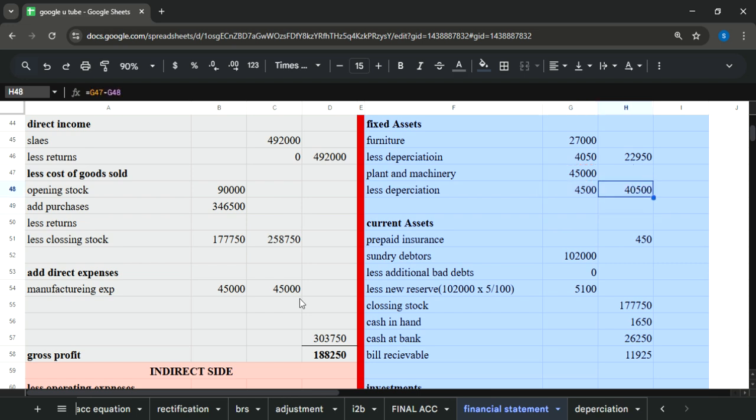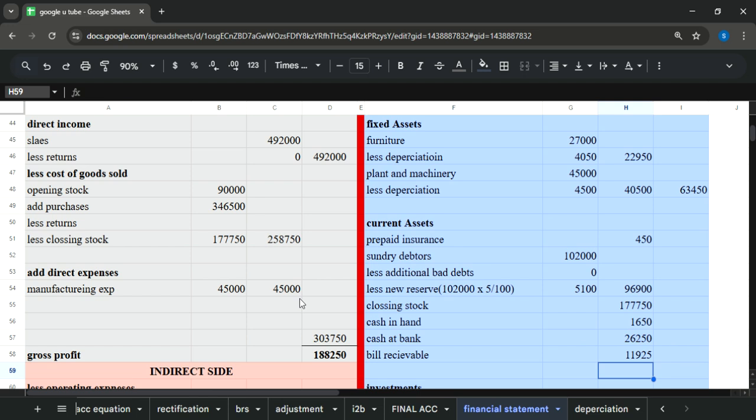Only two fixed assets. So what you will do, you will take sum of these two amounts to calculate total fixed asset. Prepaid insurance is written, and now net amount of debtors. Amount of debtor, subtract additional bad debts not present, subtract new reserve present.